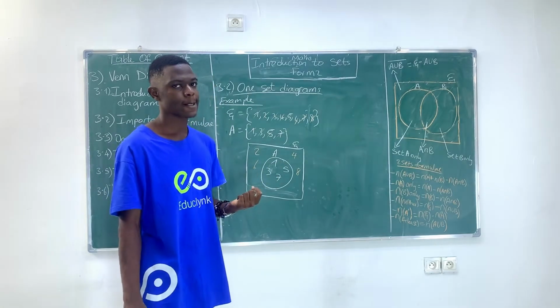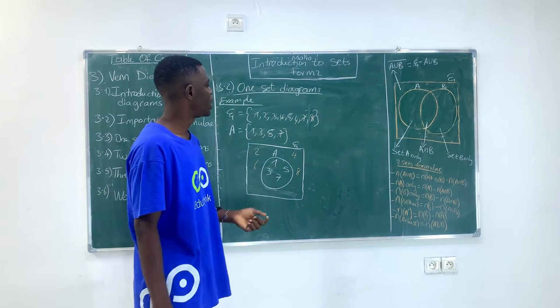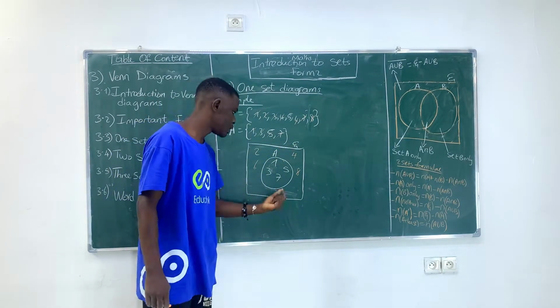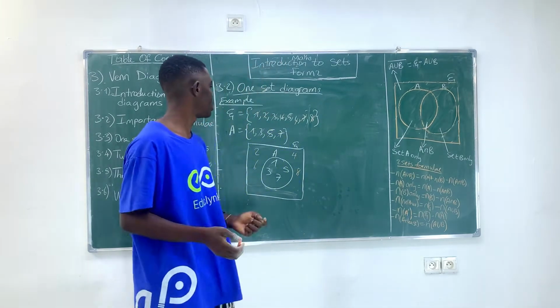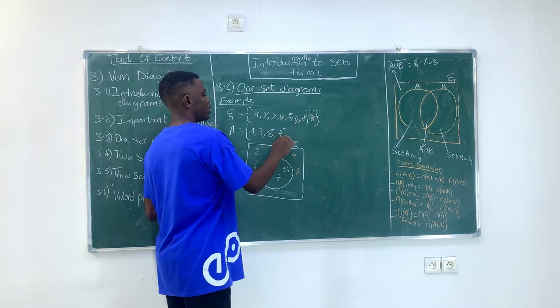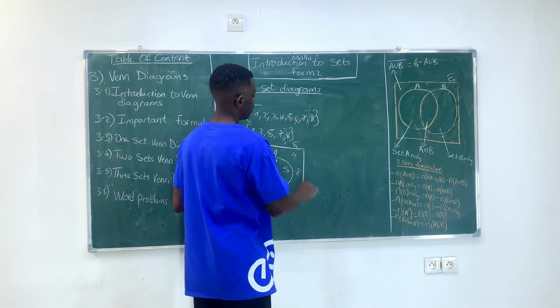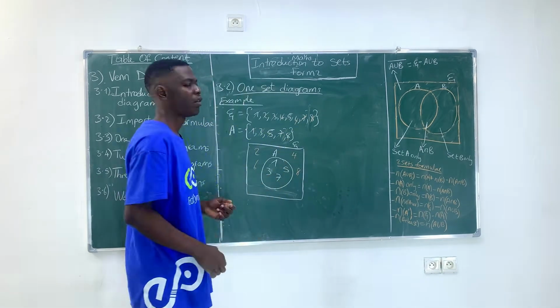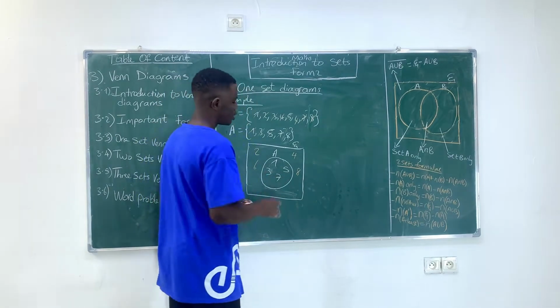All of the elements here should be written here. If you have another number, it should be written inside this set, where it is supposed to be. If you have another number, like 8, you have to know where you are going to write it.